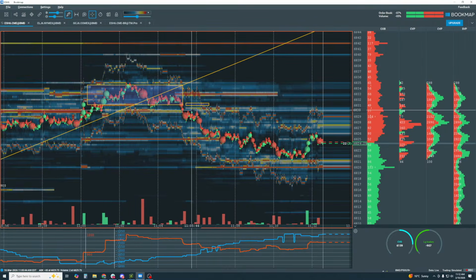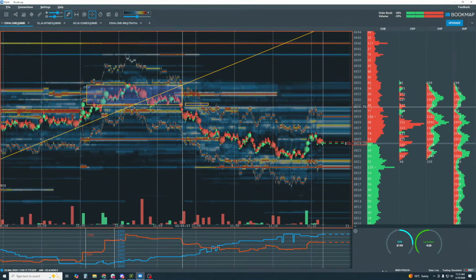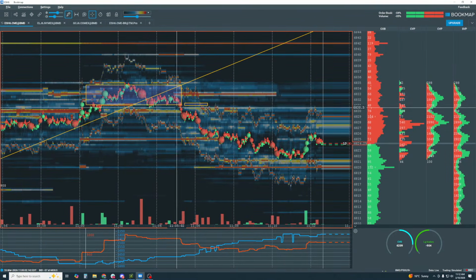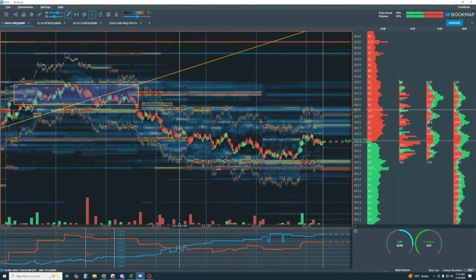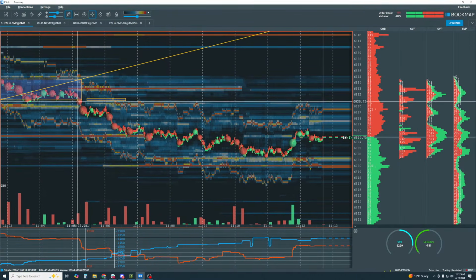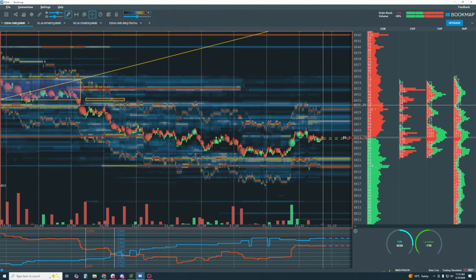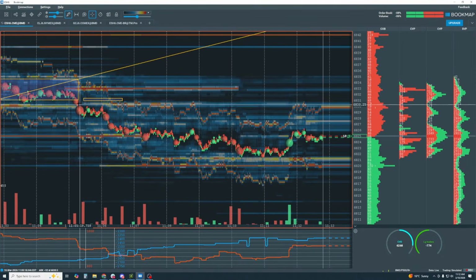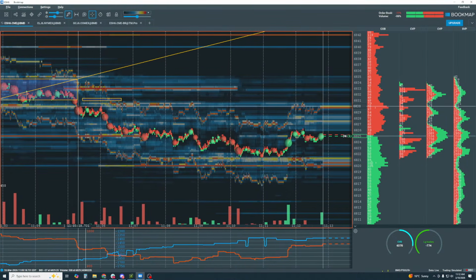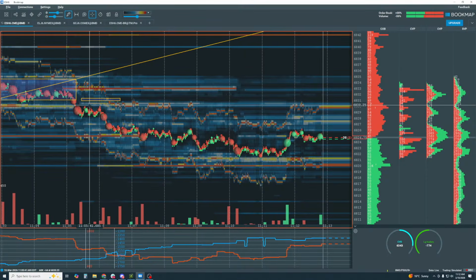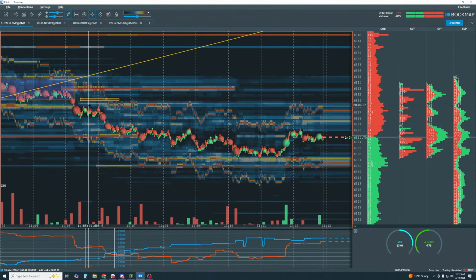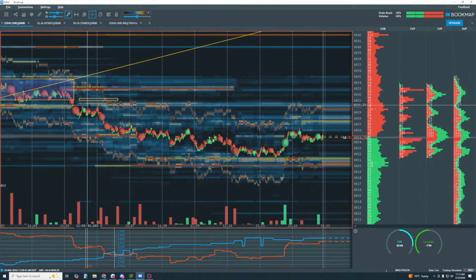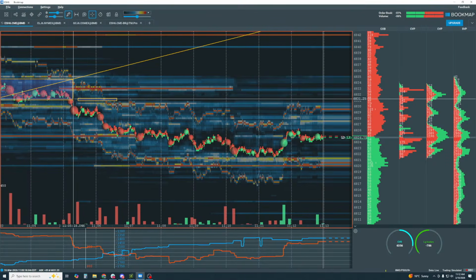We get a pullback here. Very slight. Okay, and then this is going to be your low volume node in here, on this move, no question about it. Here it is here, okay? Because very little volume traded in there. This is where the low volume pullback can get kind of tricky. In here, you're looking for those sellers to break the range.